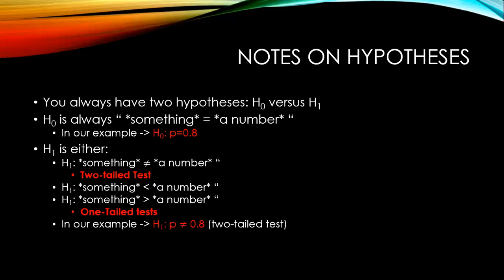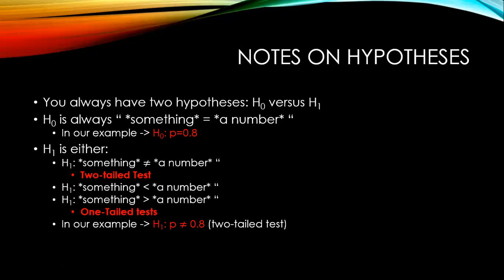Now, if you had a suspicion that the probability of brown-eyed people in your town was less than 80%, this now becomes a one-tailed test. Also, if you had a suspicion that the proportion of people in your town who are brown-eyed was bigger than 80%, again, we would call that a one-tailed test.